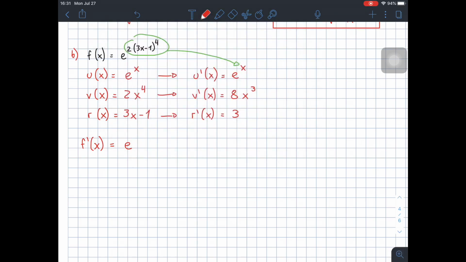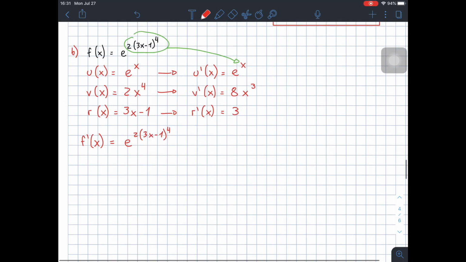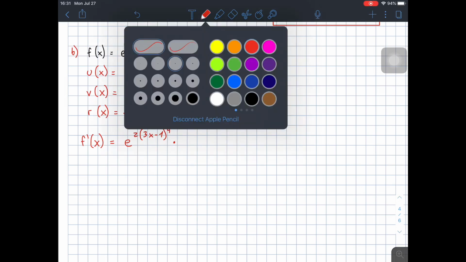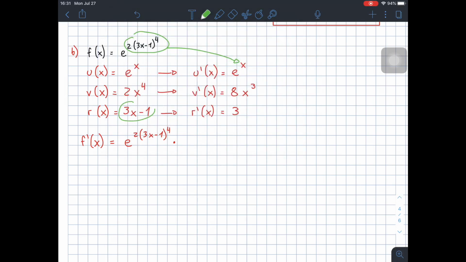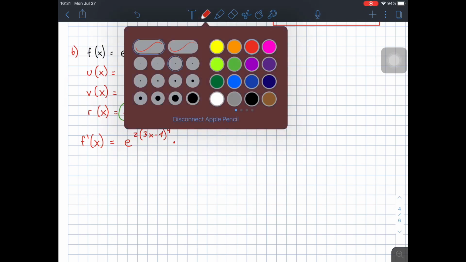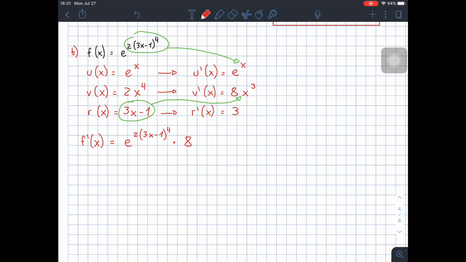So this is e to the power of 2 times 3x minus 1 to the fourth power, okay, times the second derivative, but instead of writing the x, we're going to write whatever the original function r is. So this is times 8, and instead of x cubed, I'm going to write 3x minus 1 cubed. And finally, times the derivative of the innermost function, which is 3.